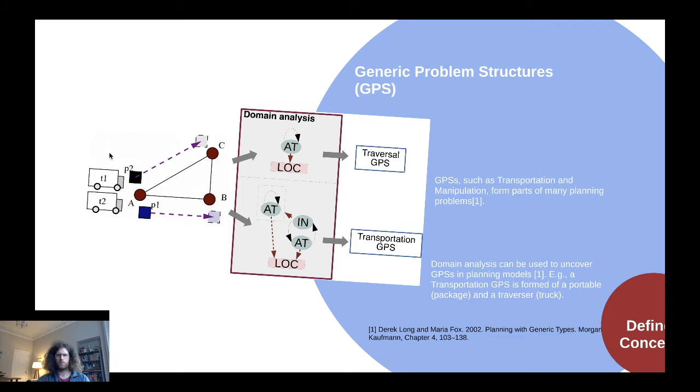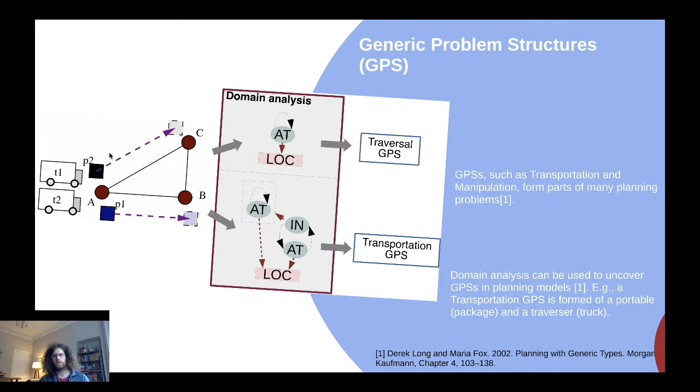Okay, so what are generic problem structures? This is going back to work from Maria and Derek, 2002. Planning with generic types is one of the outputs from this. And the idea was that lots of problems in the planning benchmarks, but also just in planning scenarios, share structures such as transportation and manipulation.